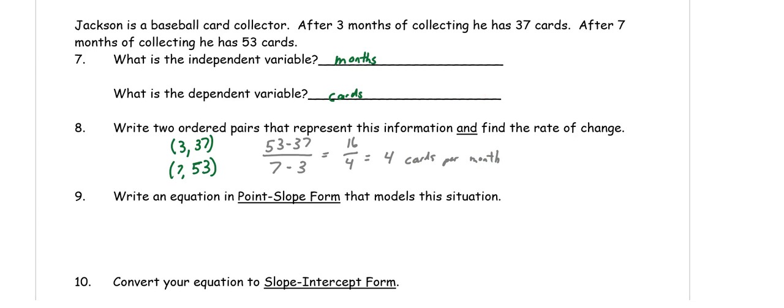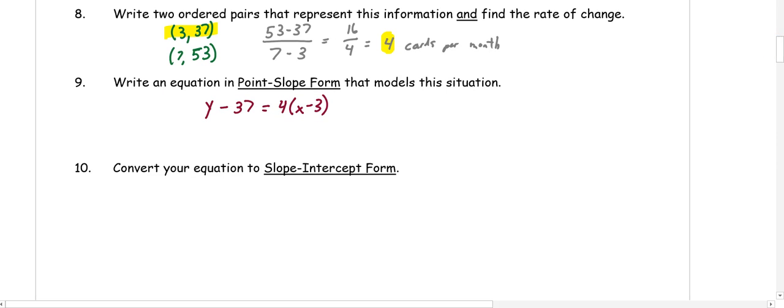So when we're going to write our equation in point slope form, we're going to use our slope of 4 and pick one point. So I'm going to use the point 3, 37. I'm going to write it in point slope form. So y minus 37 equals 4 times x minus 3. So then we're going to move this into our equation of slope-intercept form.